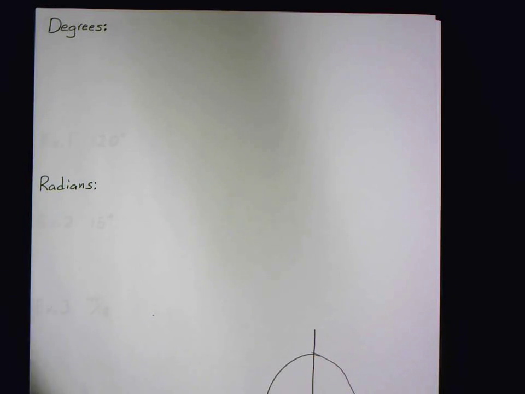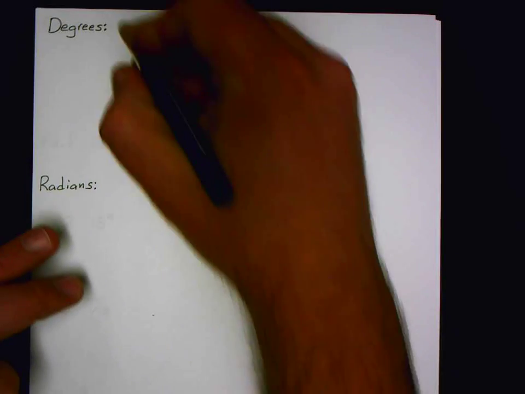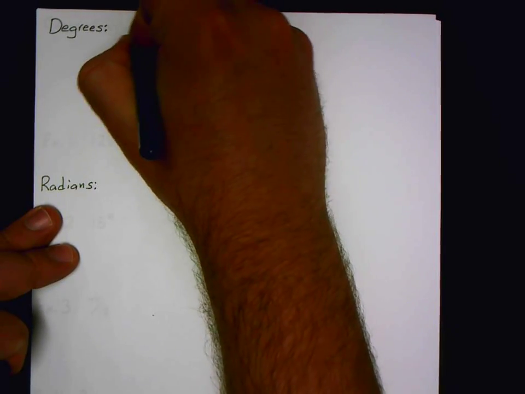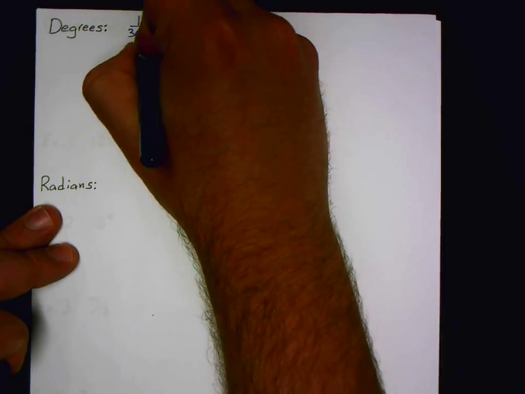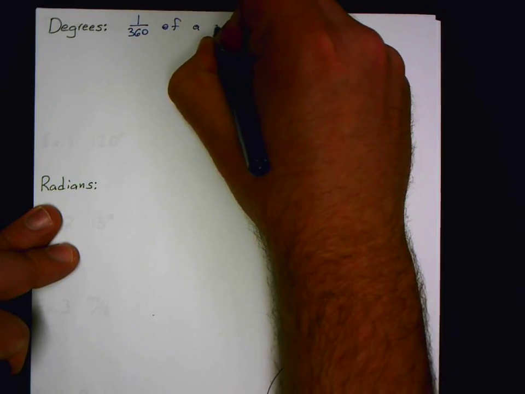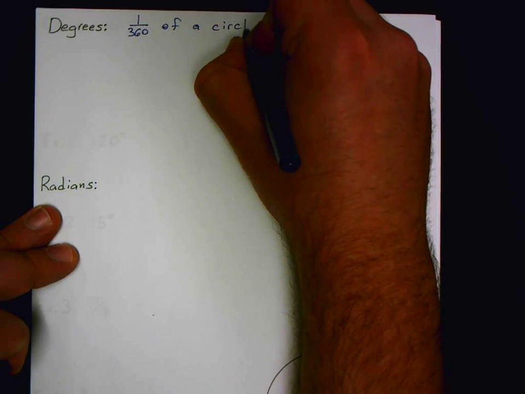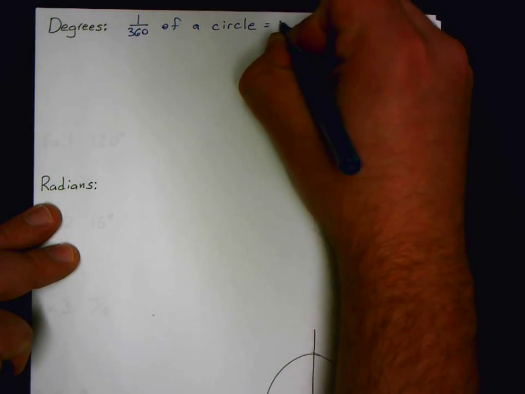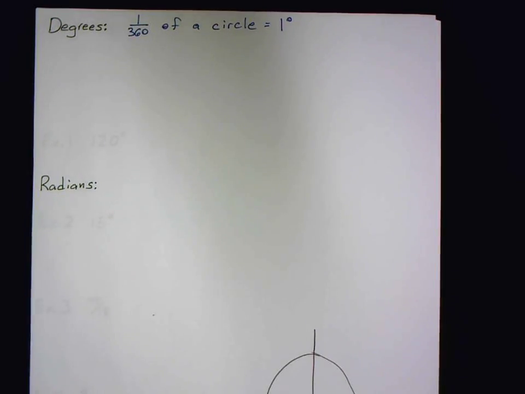Degrees, the definition of degrees is 1/360th of a circle. Yes. And you're going to learn how to switch back and forth. Not today. We'll learn that later.